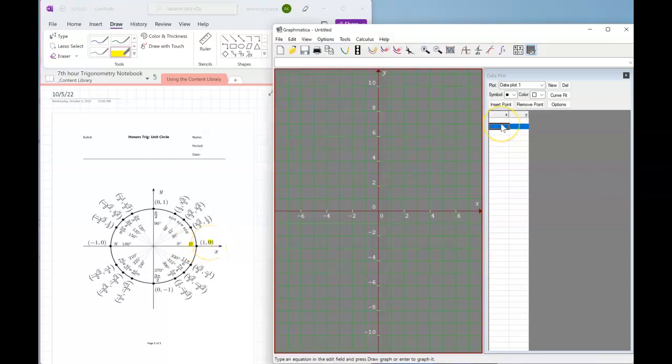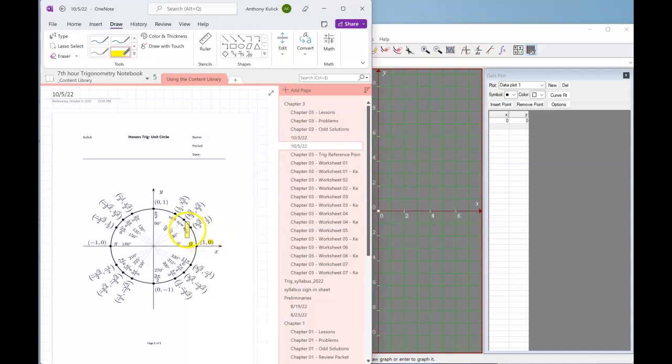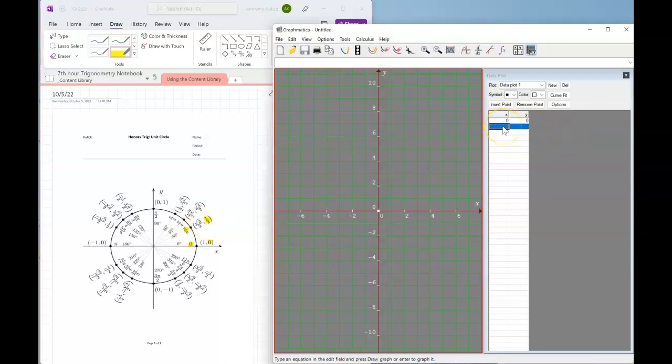So I'm going to plot the point 0, 0. The next angle is pi over 6, and the value for sine of pi over 6 is 1/2. So I'm going to plot the point pi over 6, 1/2.